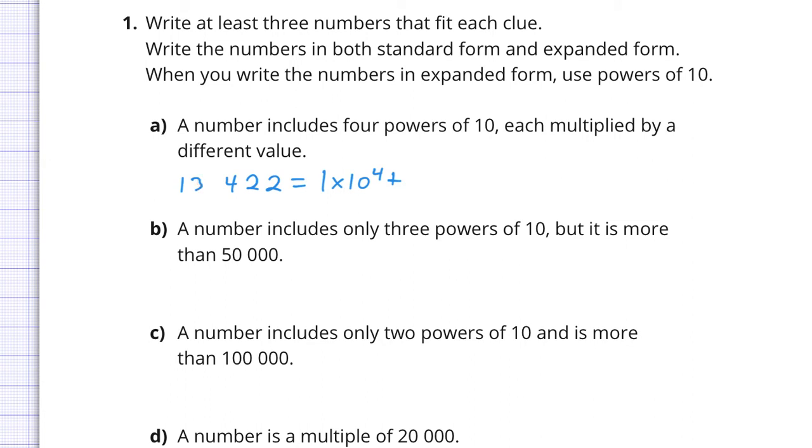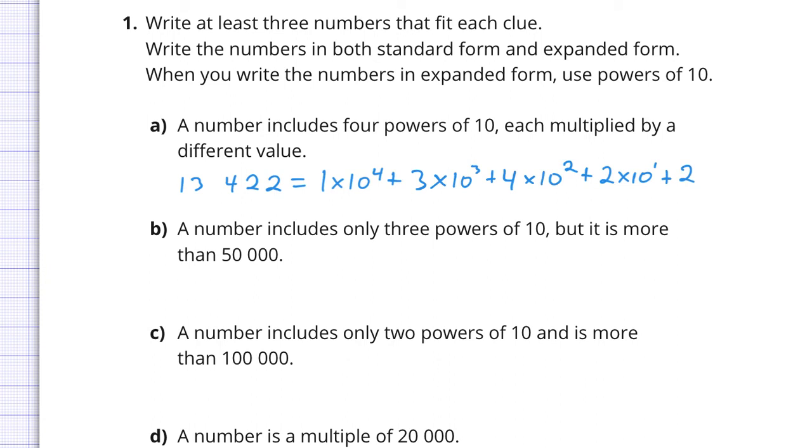But it doesn't just mean 3, it means 3 groups of 1,000. So another way to write that is 3 groups of 10 to the power of 3, which is just 3 times 1,000. Then we look at the next one, which is 4 times 10 to the power of 2, right? Because it's 4 times 100, plus 2 times 10 to the power of 1 plus 2.